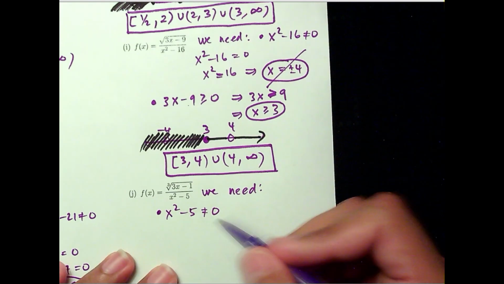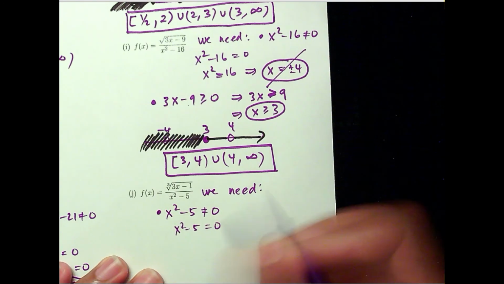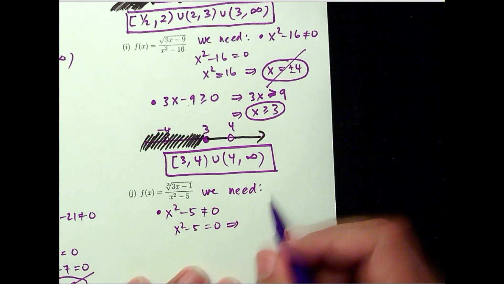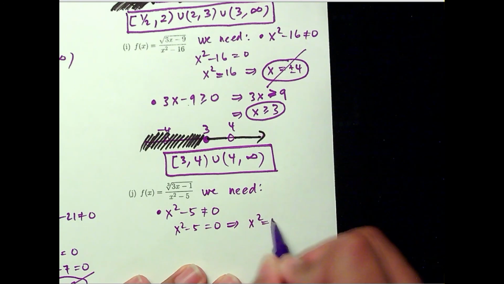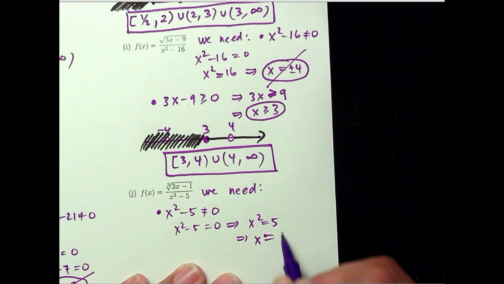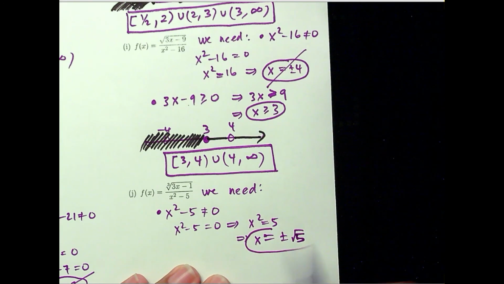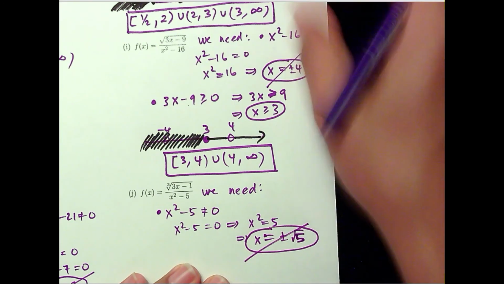And then to figure that out, you do the opposite. You set it equal to 0 and solve that. Well, solving this gives x squared equals 5. So that means x equals plus or minus the square root of 5. Now these are the numbers that make the bottom 0. So those need to be discarded.